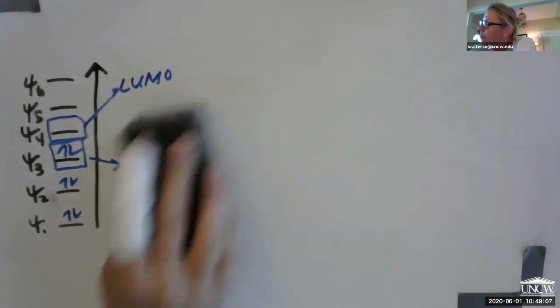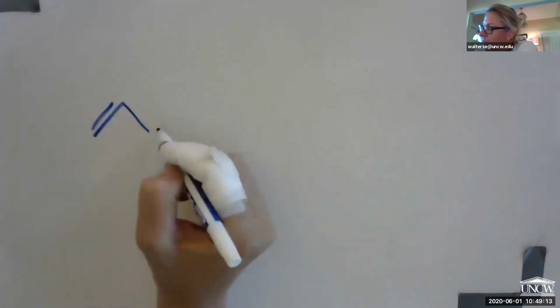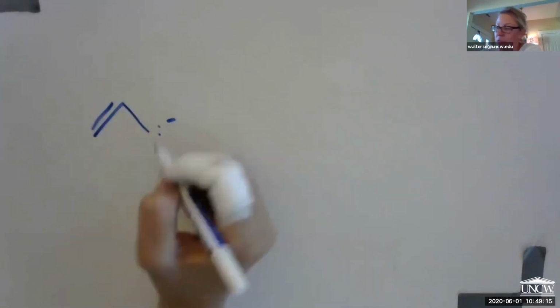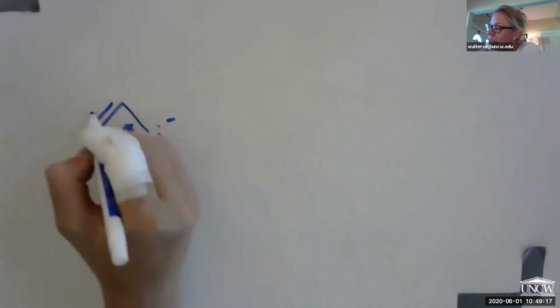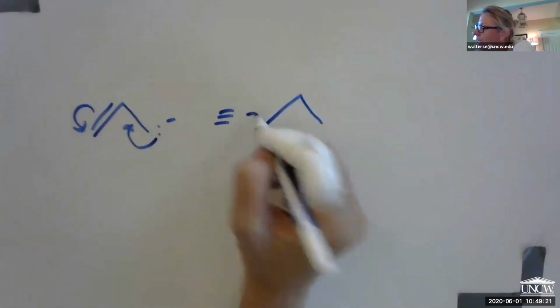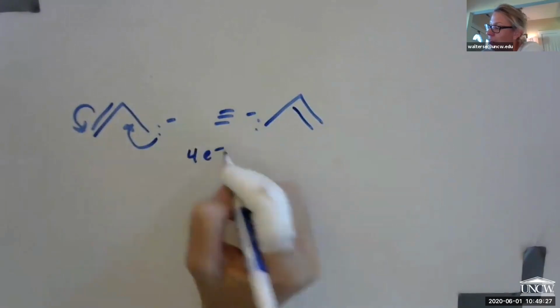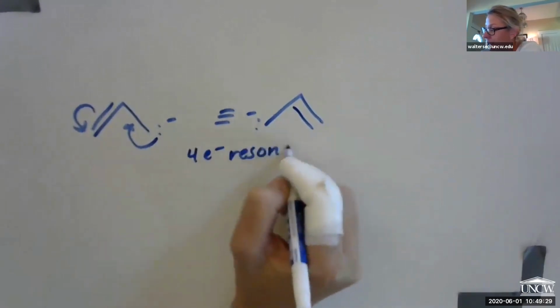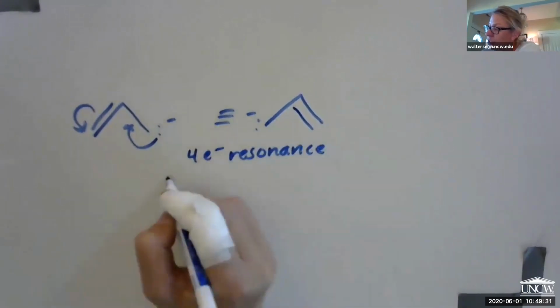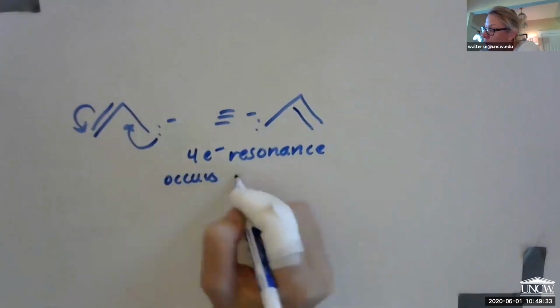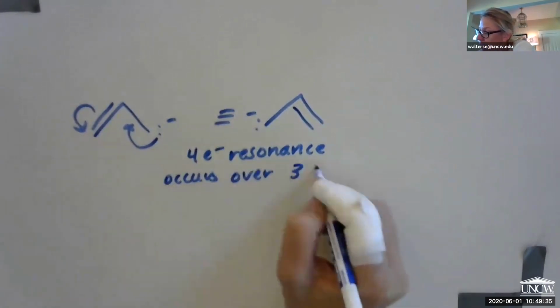Yeah, so if you had an allylic carbanion, the resonance structure involves 2 pi electrons and 1 lone pair of electrons. So this is a 4 electron resonance that occurs over 3 atoms.